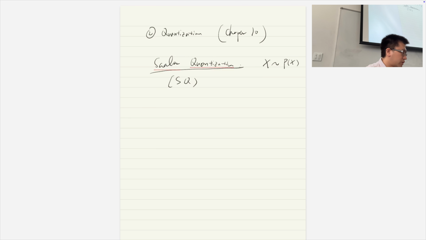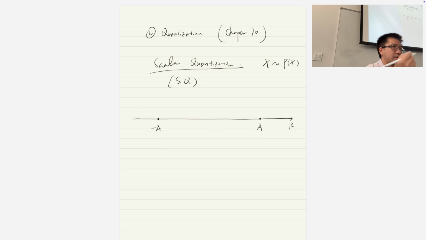For the scalar quantization case, the problem that we're considering is as follows. We have a real line here, and for simplicity, let's say the range of x is limited, from -a to a. Now we need to determine two things. First, how many levels we want to quantize x into.